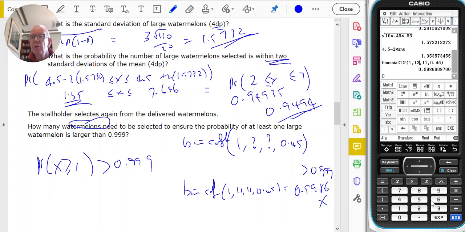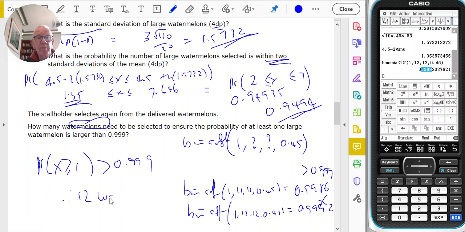And hopefully 12 will work. And yes, so binomial CDF 1 to 12 to 12 to 0.45 equals 0.9992. Therefore, 12 watermelons are needed.